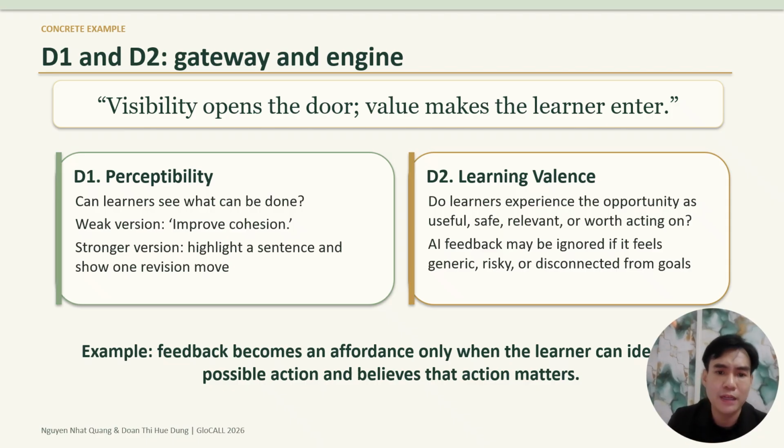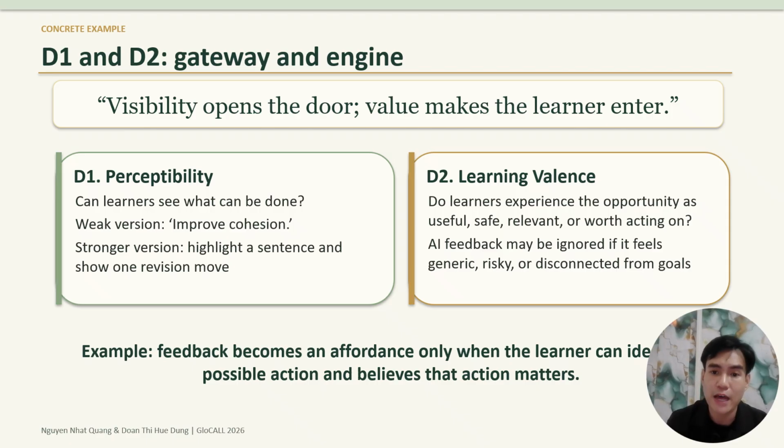But visibility alone is not enough. Language valence asks whether learners experience the opportunity as worth acting on. A learner may see feedback and still ignore it because it's too generic, too difficult, too risky, or disconnected from the goals. This is also true with AI feedback. Long feedback is not automatically useful.